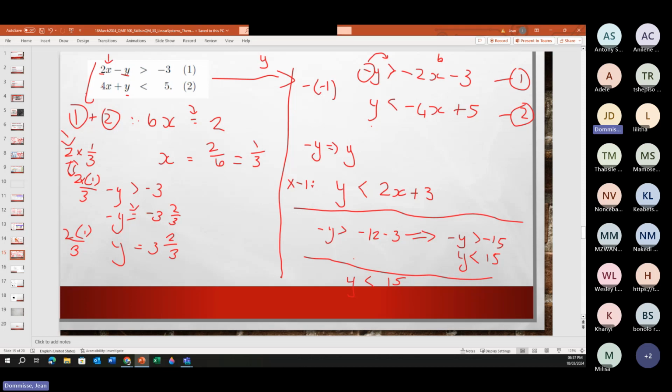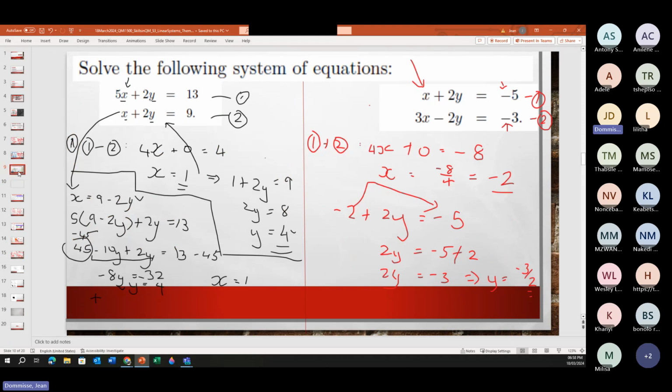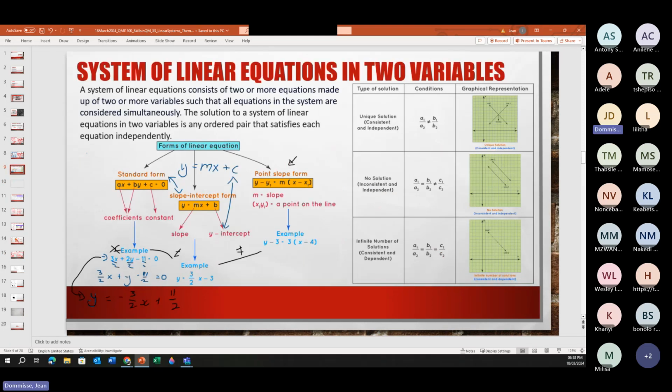If it is x, it's fine. If you have x on this side or minus x, that doesn't matter. It is to do with the positive and negative y.